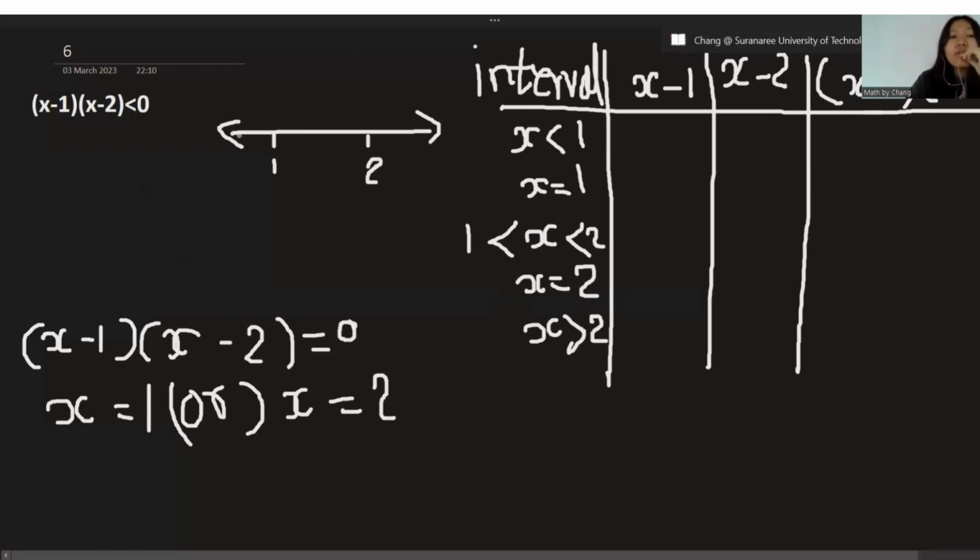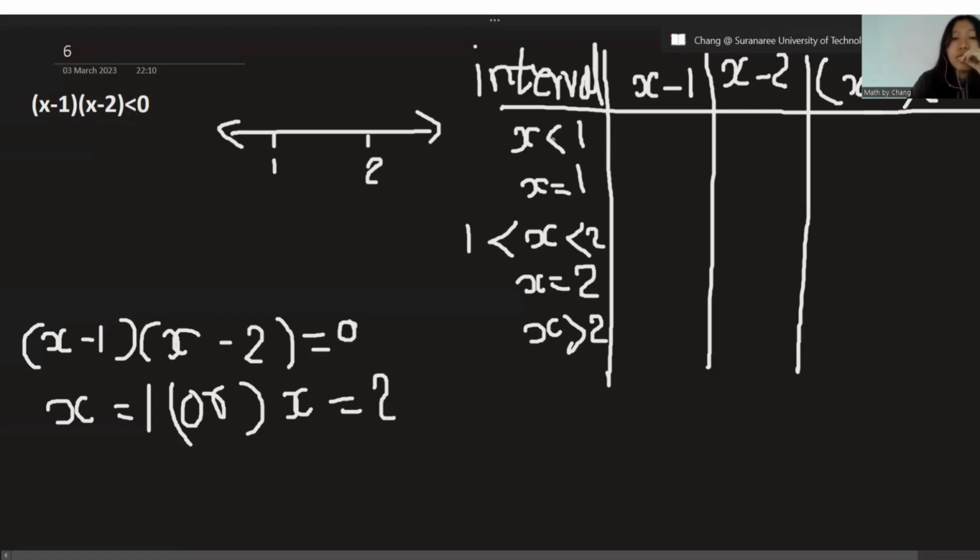According to the inequality, the value must be less than 0, right? So what it means is that the values gained from multiplying both factors must be negative.